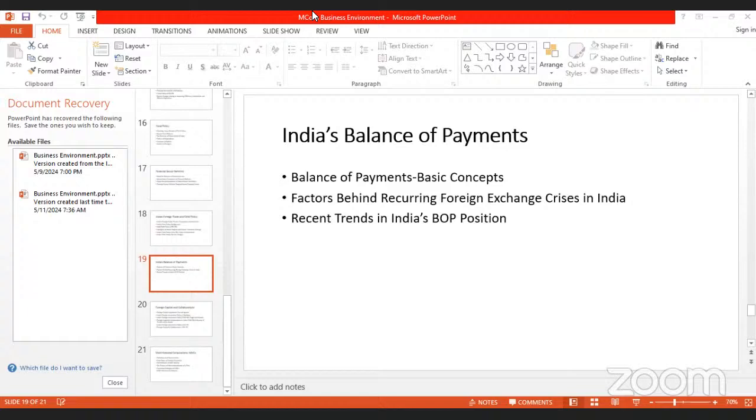Now, the third balance is income balance. Well, the earnings on investment and compensation of employees across the border constitute income balance. That is income on investment and compensation of employees across the borders constitutes income balance. That is the third one.